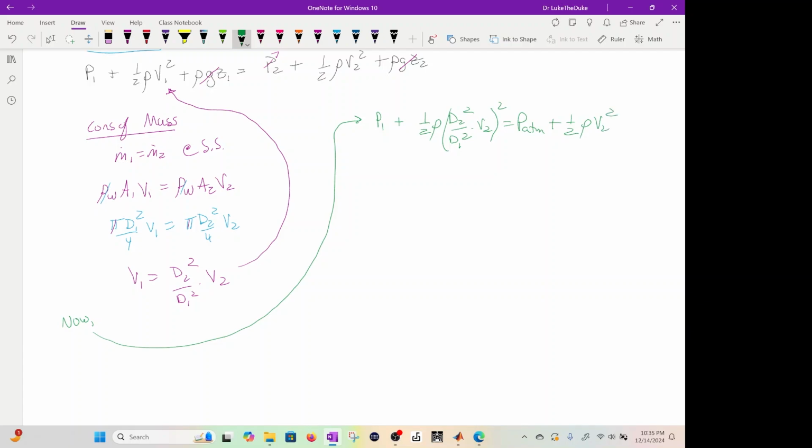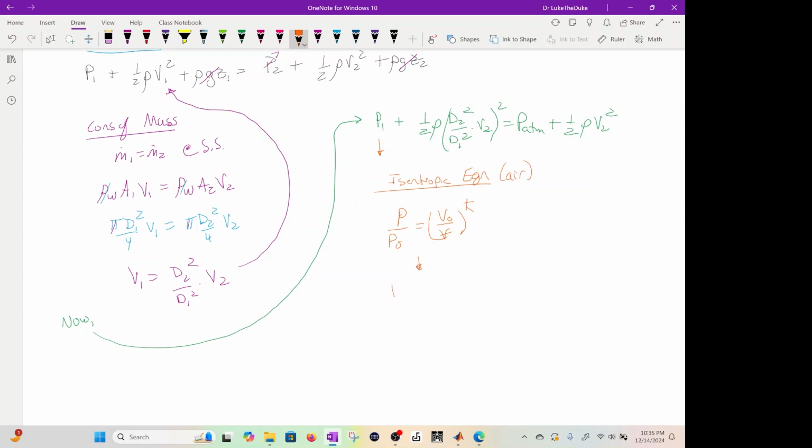All right. Now we need to find this. And we're going to use isentropic equations, which states that P over P naught equals V naught over V raised to the k. This is for air.